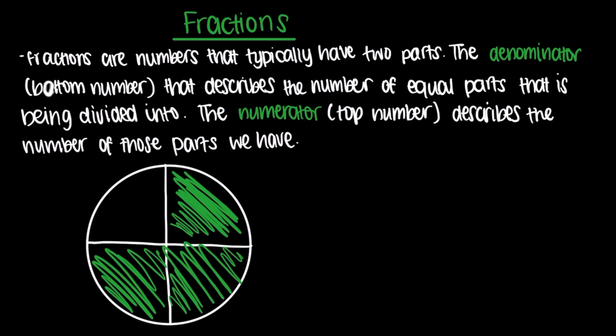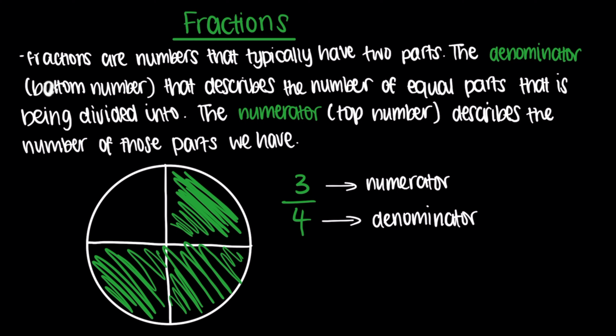This means that the fraction of the pie that is eaten by the three of us collectively is 3 over 4 or 3/4, where 3 is the numerator and it represents the 3 pieces of the pie that have been eaten, and 4 is the denominator and it represents the total number of pieces that the pie was divided into.